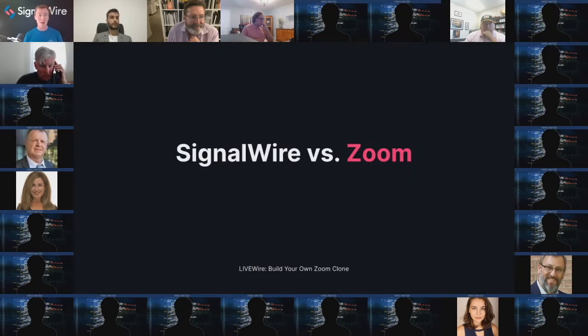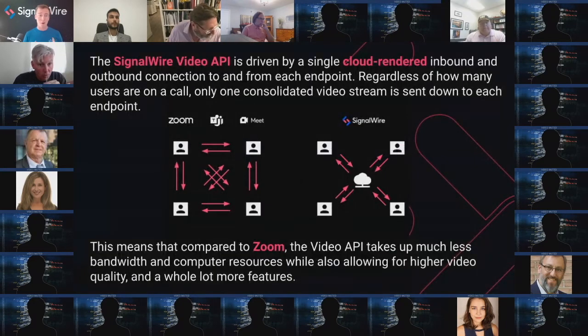But let's talk about the elephant in the room. How is our video API and the application that we can build with it different from Zoom? The first thing I'm going to point out is that our video API is powered by a single cloud rendered connection to and from each endpoint. Without getting into the nitty-gritty of what this means, it means that we are able to perform a lot better in lower bandwidth scenarios.